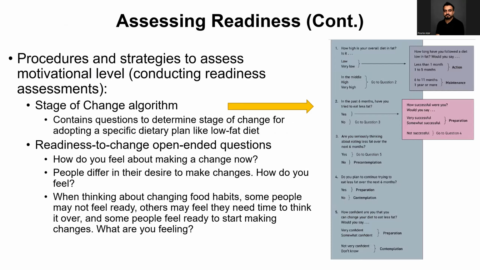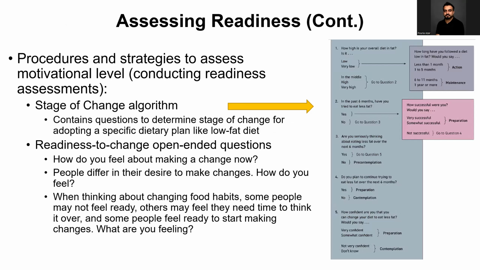So we can use this method. We can ask these questions. But remember, we can adjust this stage of change algorithm in response to our goal, our intervention, our treatment.